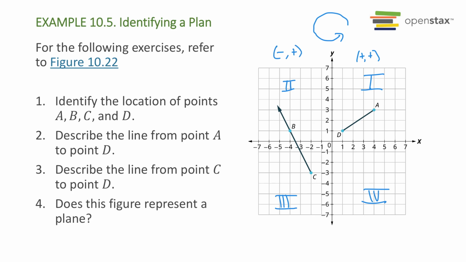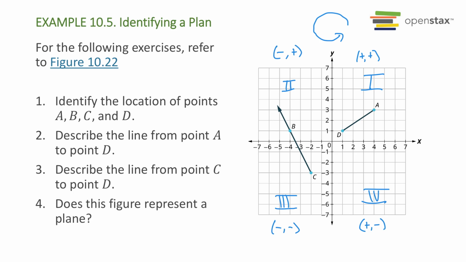So all the values over here are going to have a negative X and a positive Y. And then going in the third quadrant, you went left and down, so both are going to be negative. Your X and Y's will be negative. And then in the fourth quadrant, you went to the right, so that's positive, but you went down and that's negative. And so that is how these numbers work.